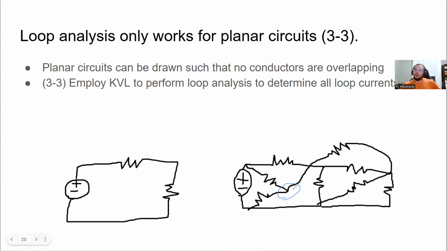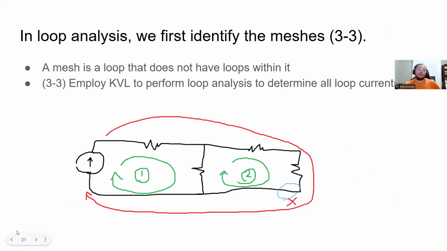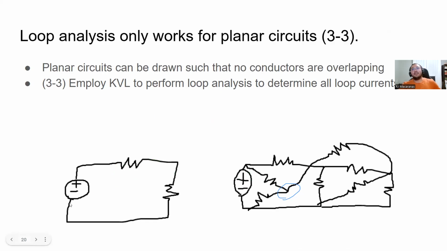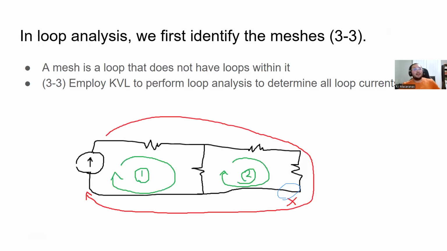There's no great way of drawing that. I couldn't find a good basic example of a non-planar circuit, but basically, if you come across a circuit that physically can't be drawn such that no conductors are overlapping, then that's non-planar.